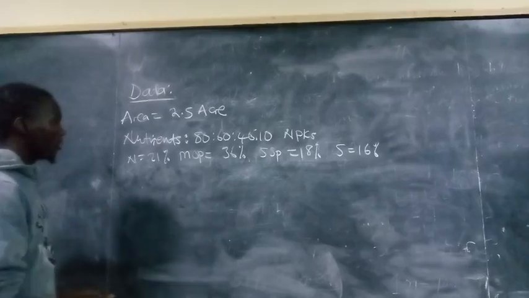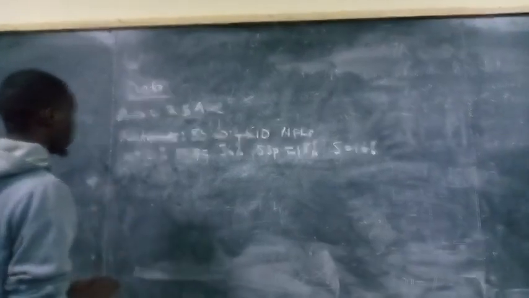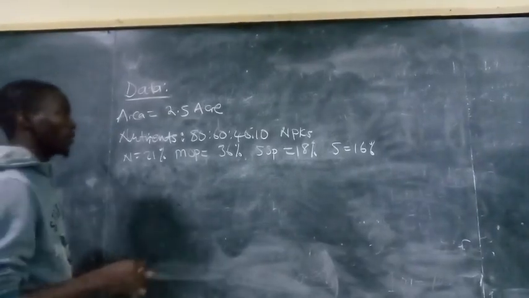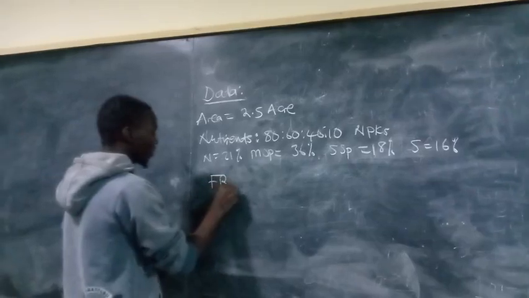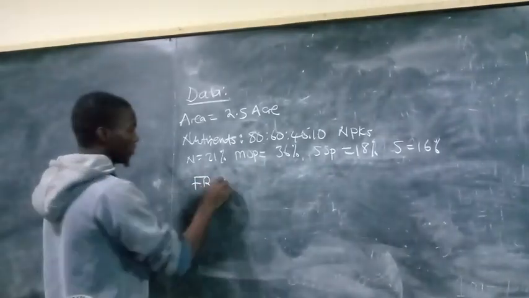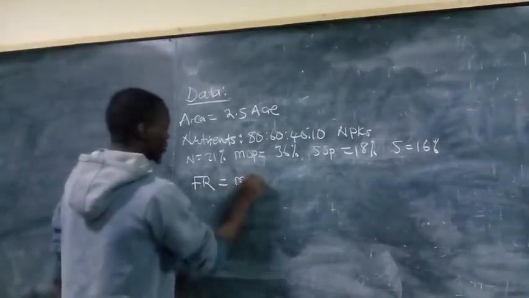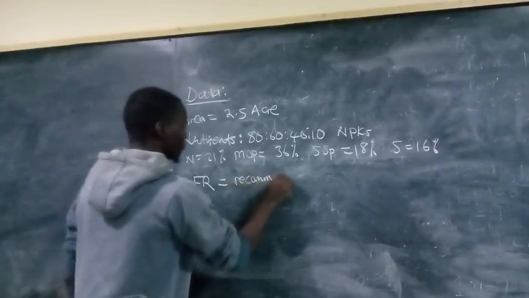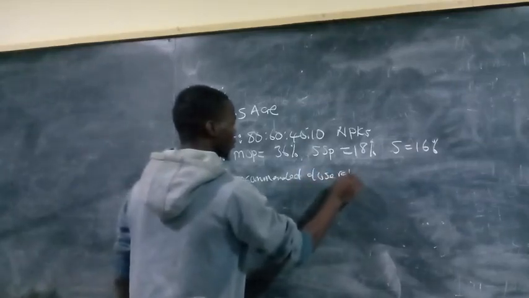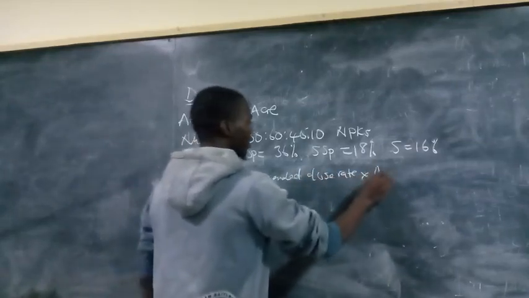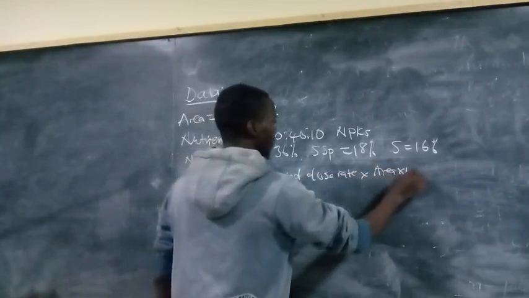Now, how do we calculate the fertilizer requirement that you are supposed to apply in the field, given the following data? So we say fertilizer requirement, which is FR, is equal to the recommended dose rate times the area times 100.